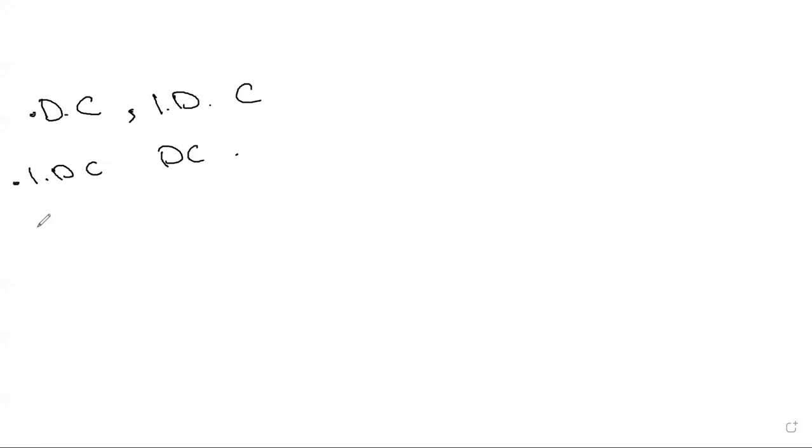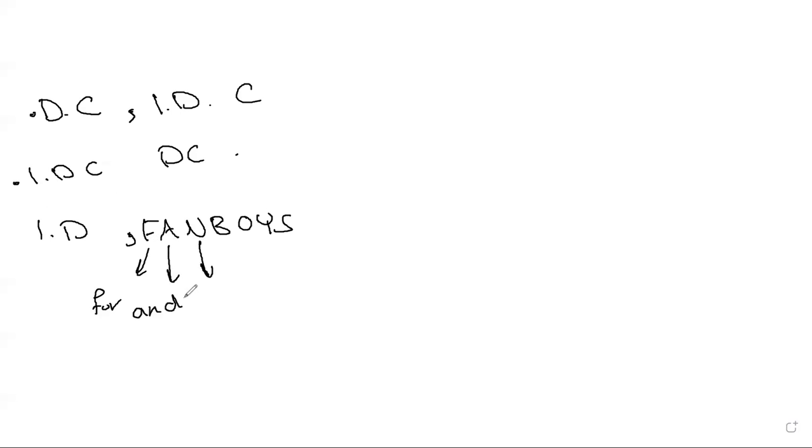And then we have independent clause applied a comma plus fanboys, and fanboys is an abbreviation for: F for for, A is for and, N is for nor, B is for but, O is for or.